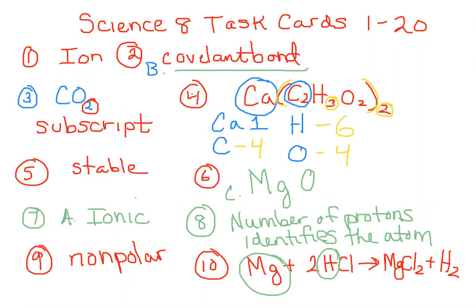Now the magnesium is going to hook with the chloride to form this, and the hydrogen is going to be off by itself. So that is called a single displacement, which is letter C right here, a single displacement.